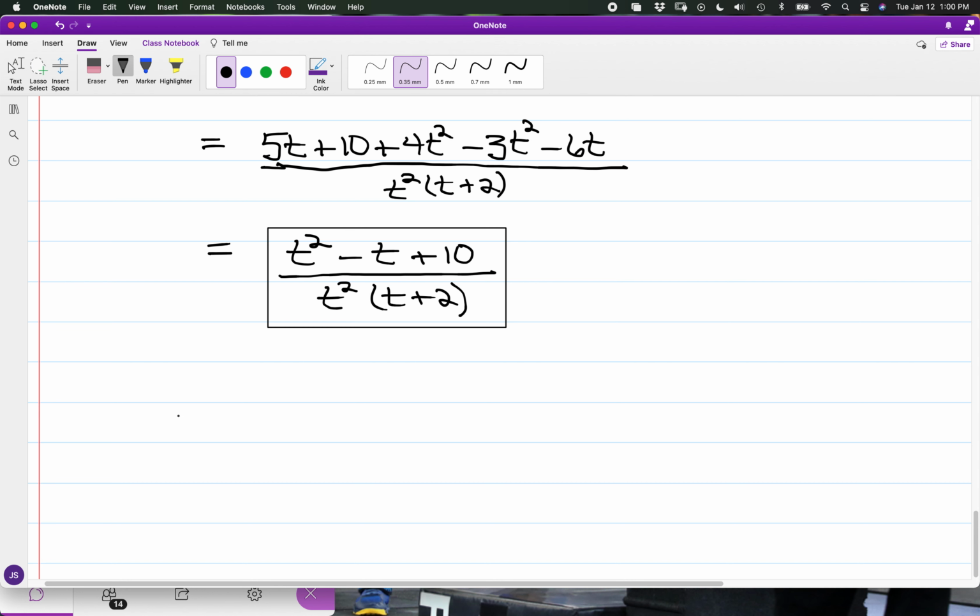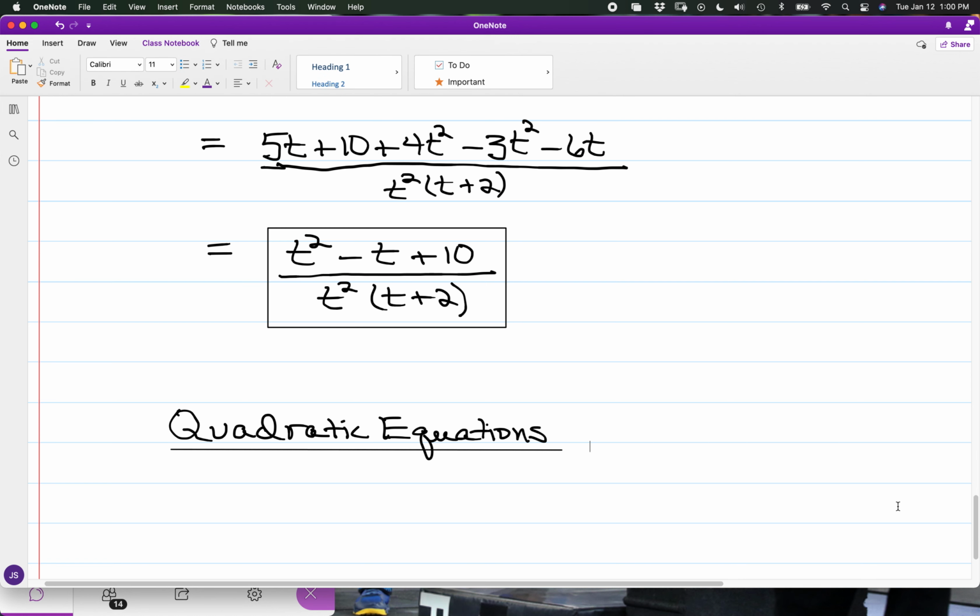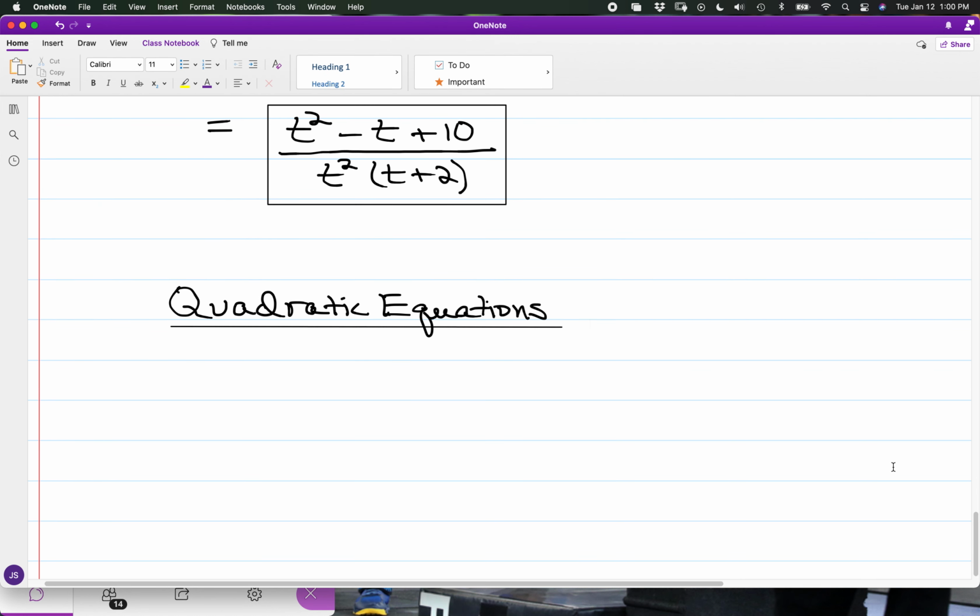And in the equation realm, we'll be looking into quadratic equations.